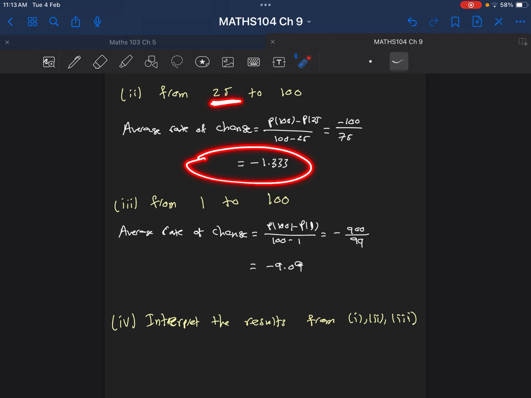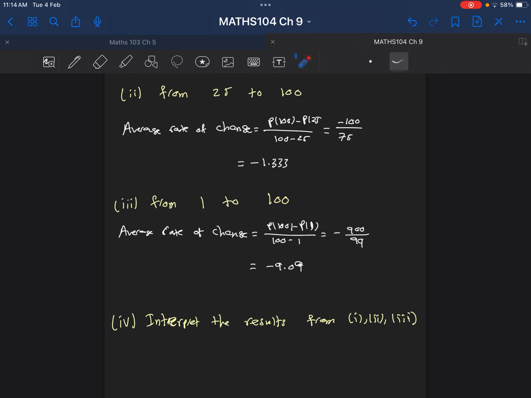However, after 25, it does not matter as much anymore. Even if you increase the quantity, the price will, on average, drop less and less. So at the beginning, from 1 to 25, we will have a huge drop in the price.